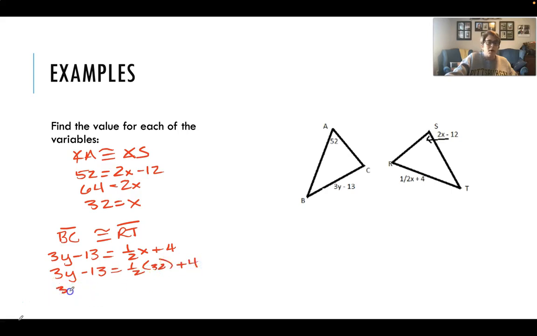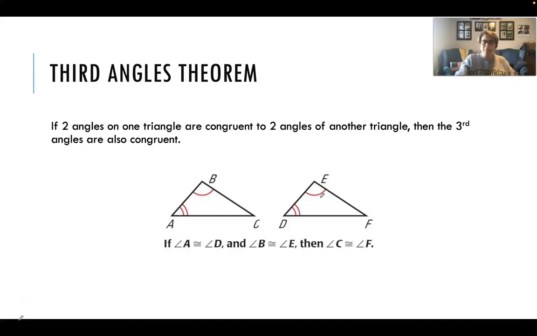So 3y minus 13 is equal to 16 plus 4, or 3y minus 13 is equal to 20. Or 3y equals 33, and y equals 11. So even though we had one thing involving a y and another involving an x, because we were smart and solved for x at the beginning, nothing became a problem for us, okay?